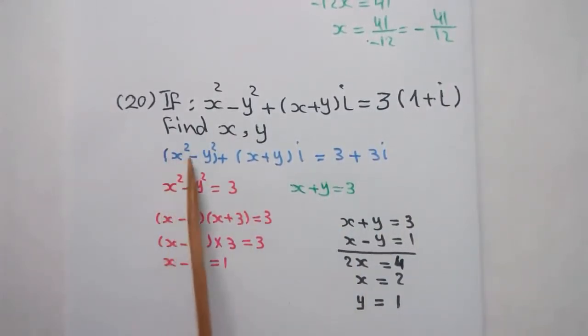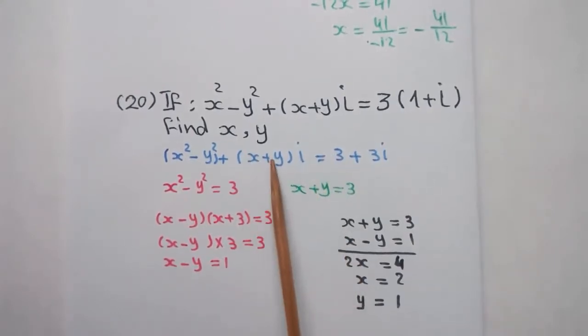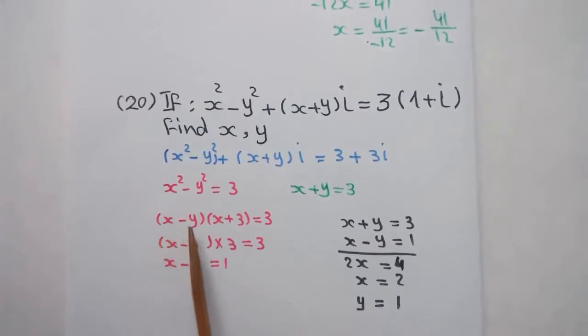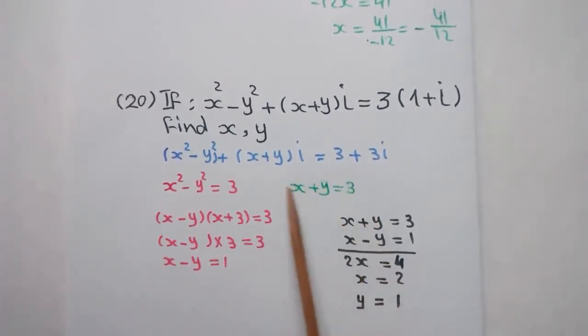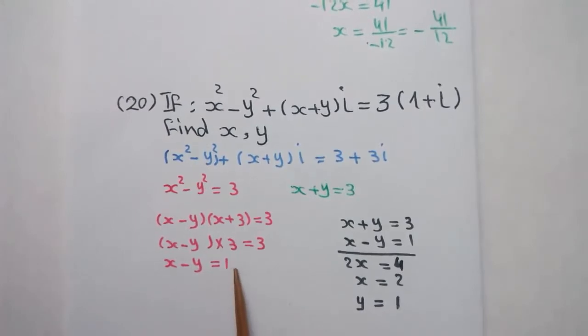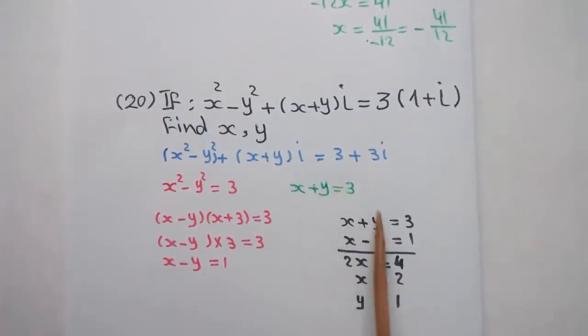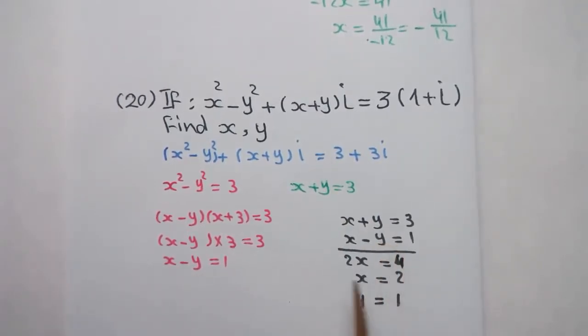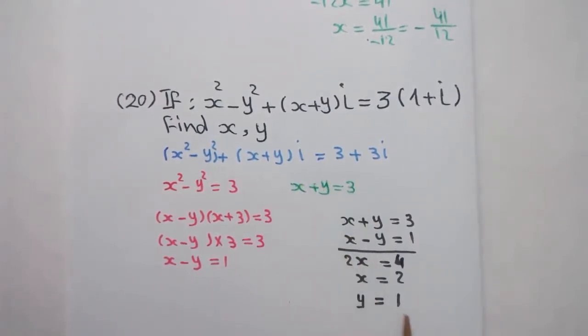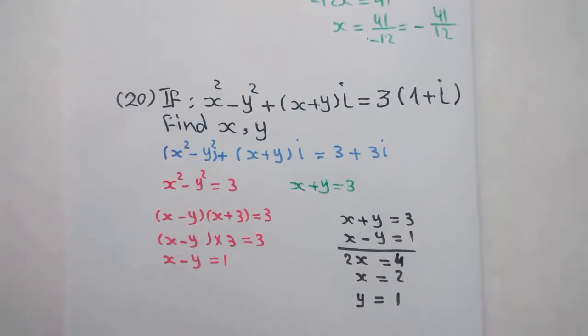Equation: x power 2 minus y power 2 equals 3 and x plus y equals 3. x power 2 minus y power 2 will be factorized: x minus y times x plus y equals 3. x plus y equals 3, so x minus y times 3 equals 3, so x minus y equals 1. Adding: x plus y equals 3, x minus y equals 1. 2x equals 4, x equals 2. x equals 2 plus y equals 3, so y equals 1.